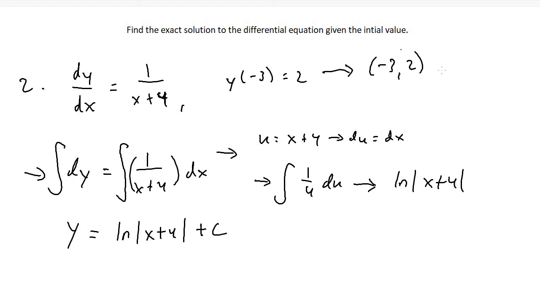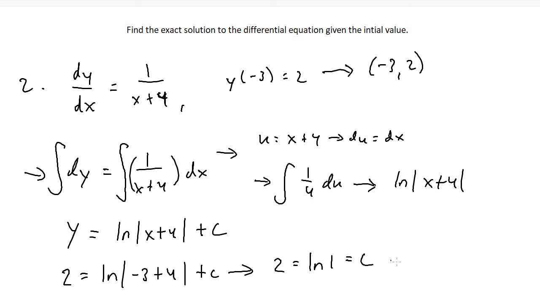And now we can plug in our coordinates of (negative 3, 2) into the equation. So I'll plug in 2 for y. So 2 equals the natural log of the absolute value of negative 3 for x, plus 4, plus c. Negative 3 plus 4 is 1, and the absolute value of 1 is 1. So then the natural log of 1 is 0.